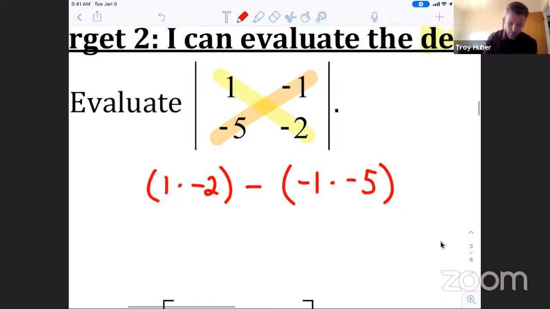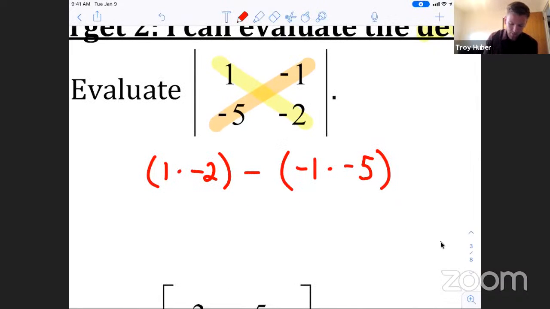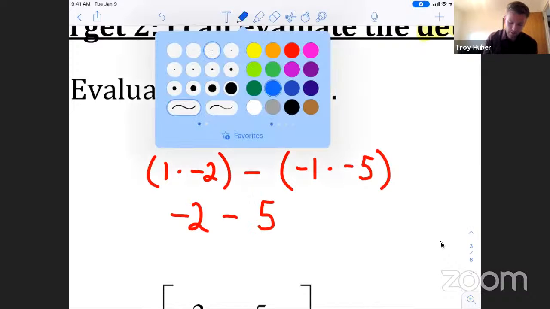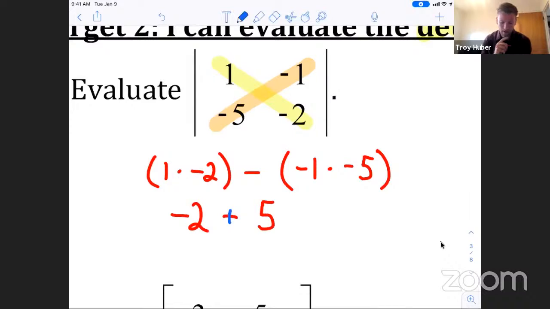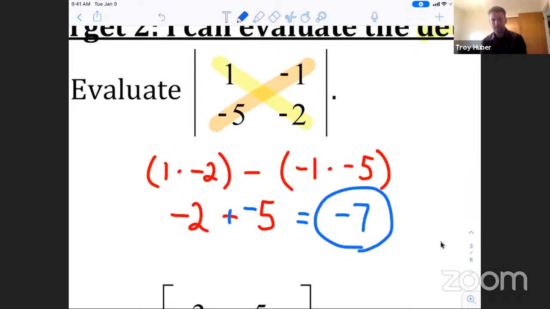So we had 1 times -2 is -2 minus -1 times -5, which is actually a +5. I don't like subtraction, so I'm just going to change it to addition of the opposite. And I should get my determinant to be -7. That's all there is to it.